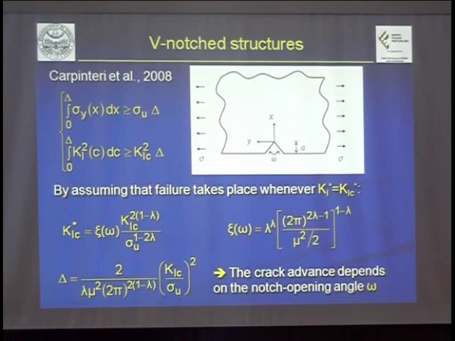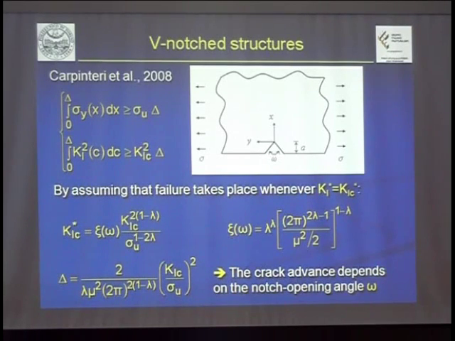And by assuming that failure takes place whenever the generalized stress intensity factor, K1 star, also known as notch stress intensity factor, reaches its critical condition, which is legitimate within brittle structural behavior, we succeeded in obtaining the analytical expressions for the generalized fracture toughness, K1C star, and the crack advance delta.